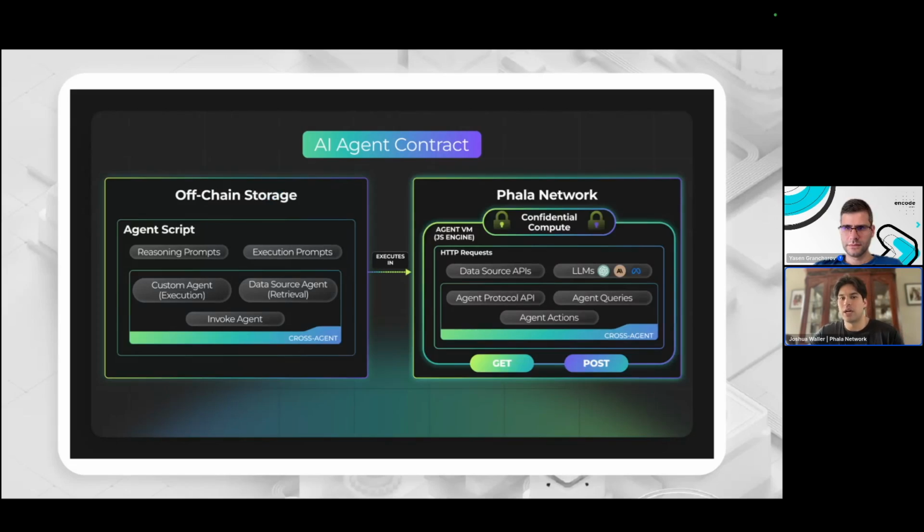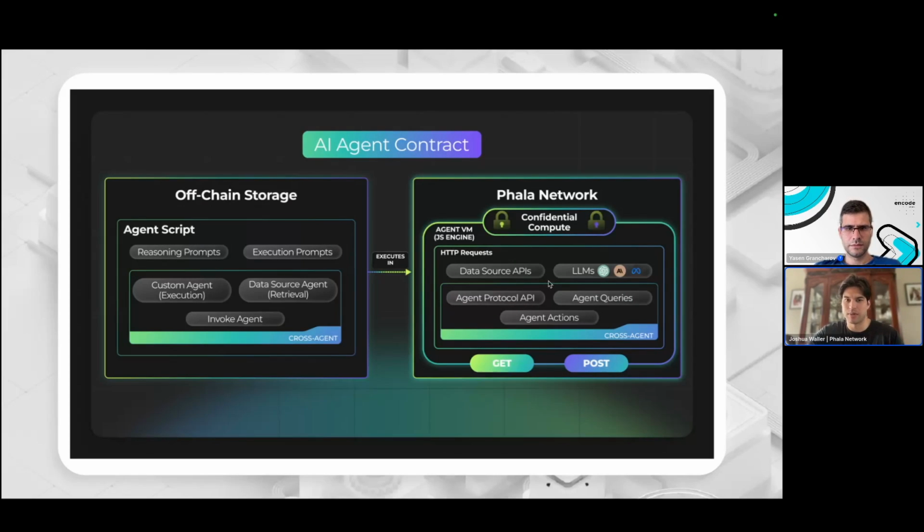The thing that is available today in a limited fashion would be the agent script. So you would publish your agent script to off-chain storage. You have your reasoning prompts and execution prompts. Right now, the cross-agent communication is not implemented yet, but this would then be served through a gateway, and this gateway then allows this agent script to be executed in an agent VM, which, if some of you are familiar with Phala, is the concept of the side VM.